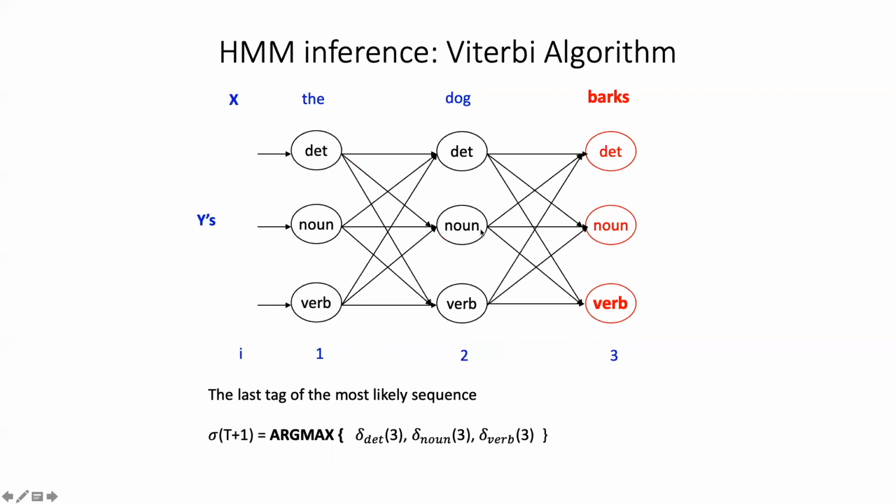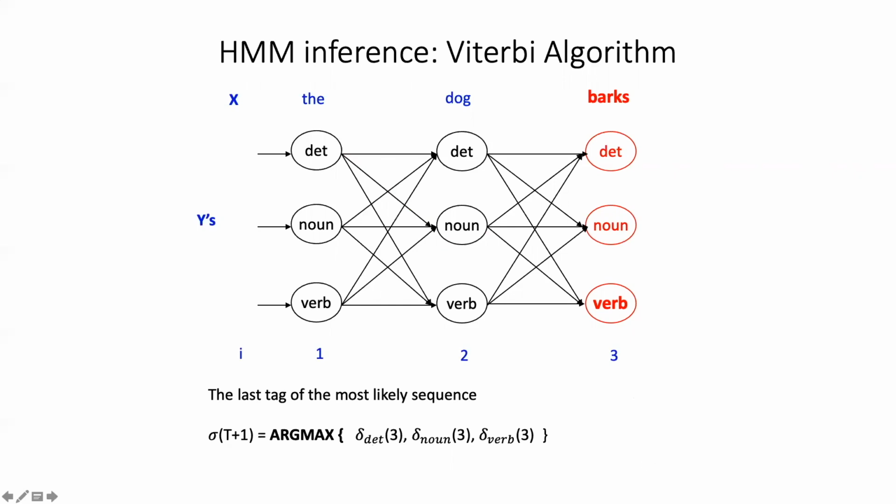Similarly, we have to compute the deltas for all possible states in all sequences using the recursive approach. And after reaching the final instance of the sequence, we can find the argmax of the deltas which we computed. In this case, it turns out that the last tag, which is the most likely tag, is a verb.